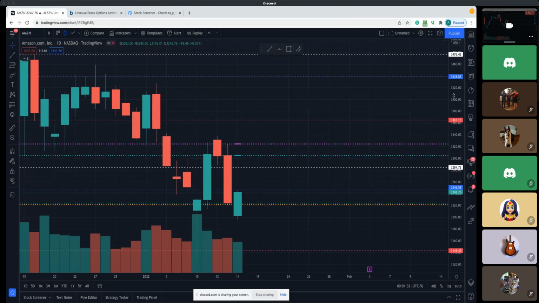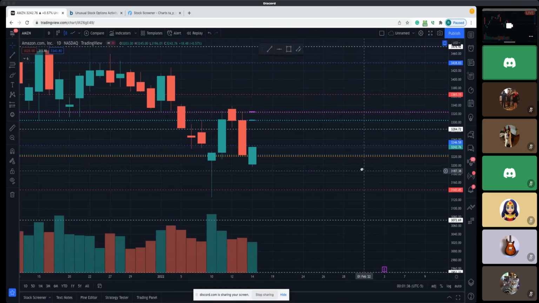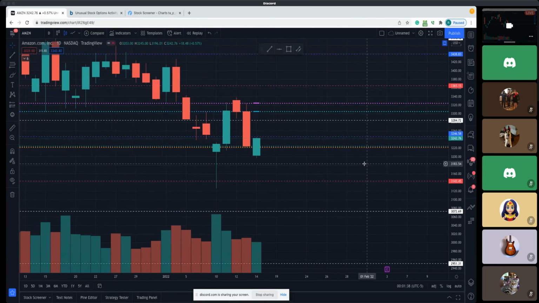Do you know how to use the measure tool, Prim? I do not. You see the little measure stick to the left? Grab that and put it at the low of the red candle, and then measure down to the low of the green candle.